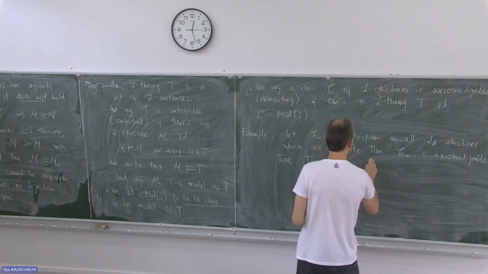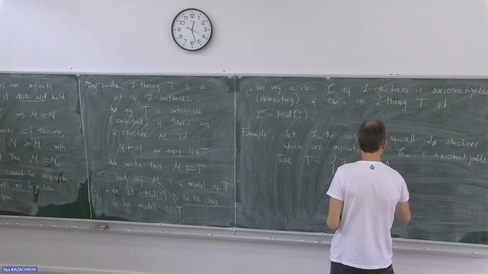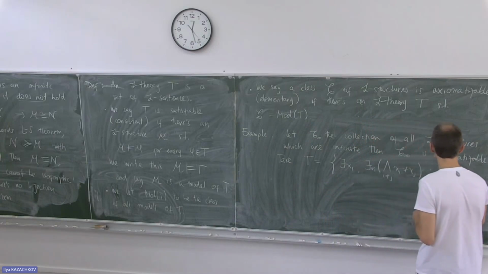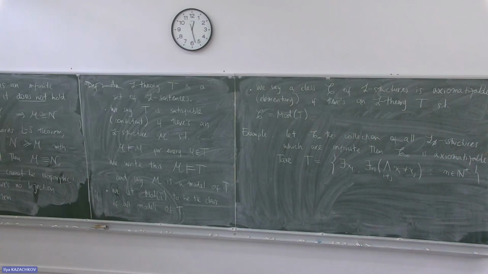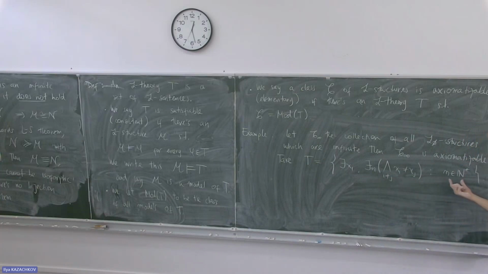I have this formula for every n. The theory says I have at least n elements, but for every n. So if a structure satisfies all of them, it must be infinite.